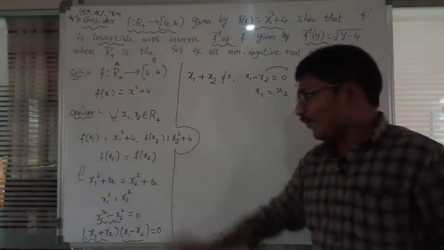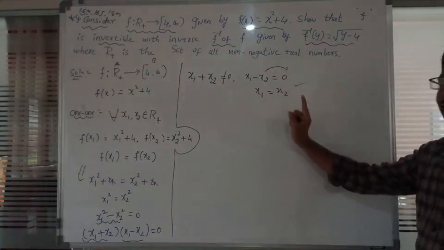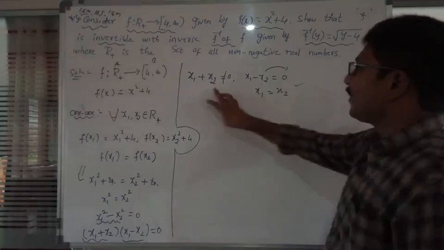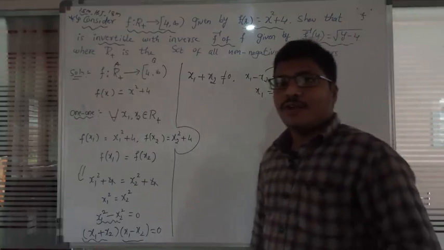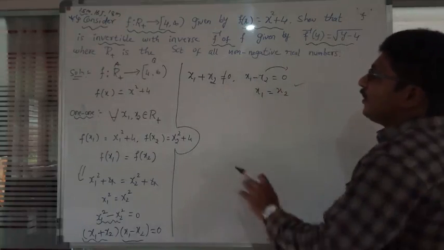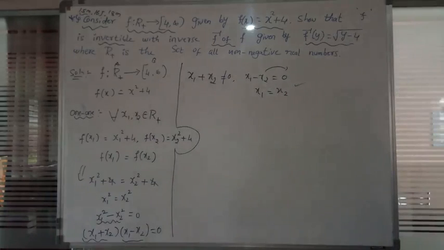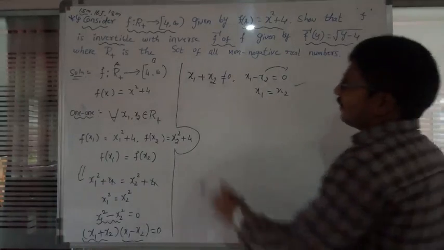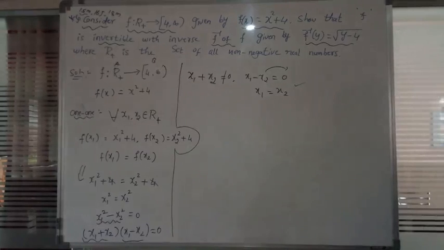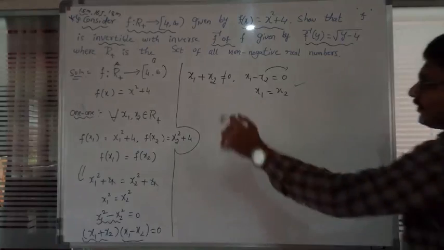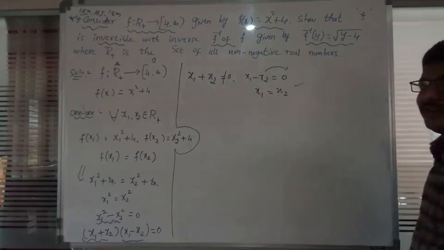So f of x1 is equal to f of x2 implies x1 is equal to x2, that is f is 1-1. Some students are confused about this one. x1 plus x2 doesn't equal 0, but how is this showing 1-1? Whatever equations don't satisfy x1 is equal to x2, it's not a necessity for us. But the equations that satisfy x1 is equal to x2 are the necessity. So just concentrate on x1 is equal to x2.